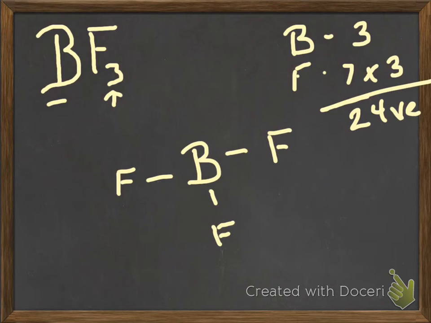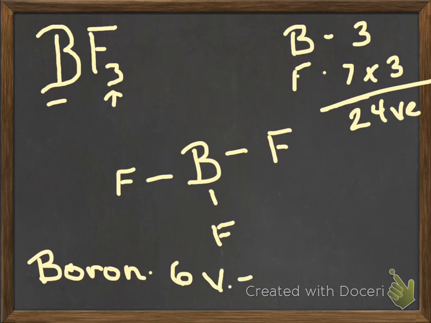The one thing we have to remember is that boron is one of those examples, and it is completely stable if it only has 6 valence electrons in its outer shell. Okay, so we're not going to add any more electrons to boron, but we're going to add so that each fluorine has 8 valence electrons. We've got 6 valence electrons, and then remember each line, each of these bonds is 2.